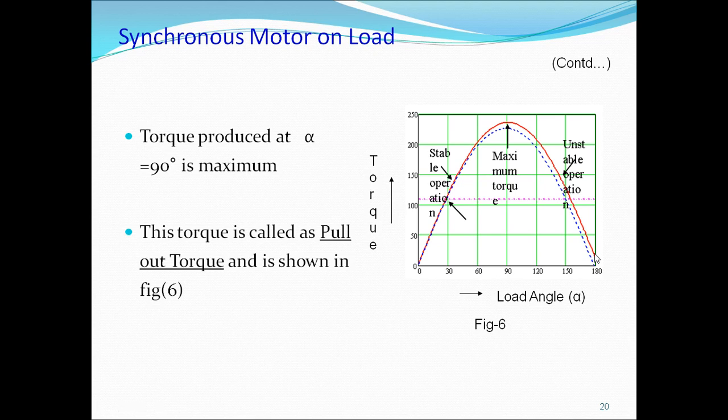When the torque comes to zero, the motor stops. The torque at this instant is called pull out torque, as shown in the figure. That is, it comes out of the magnetic locking, that is, the attraction of the North Pole and the South Pole. It comes out from that magnetic locking.